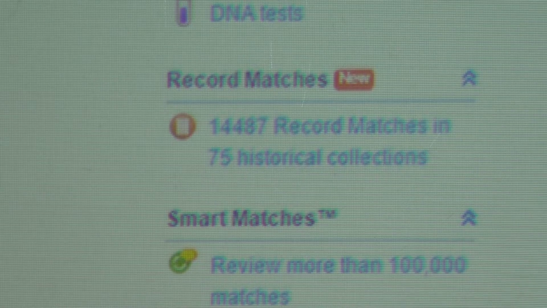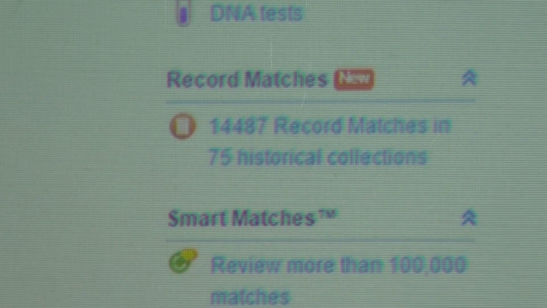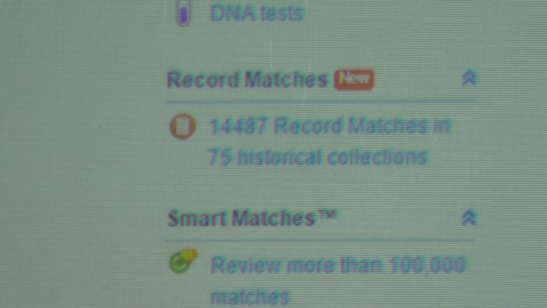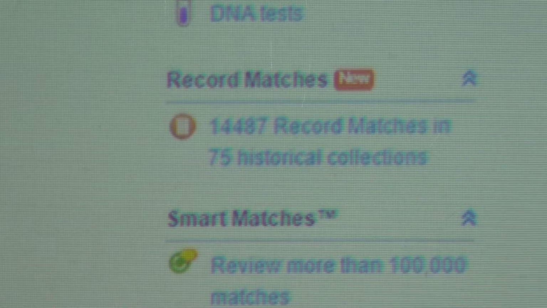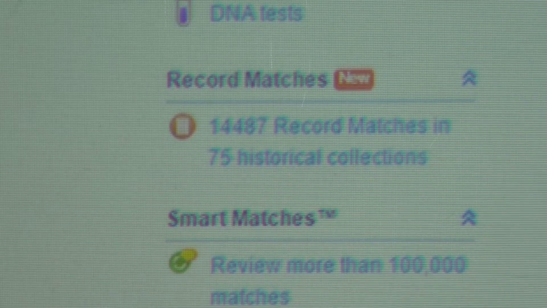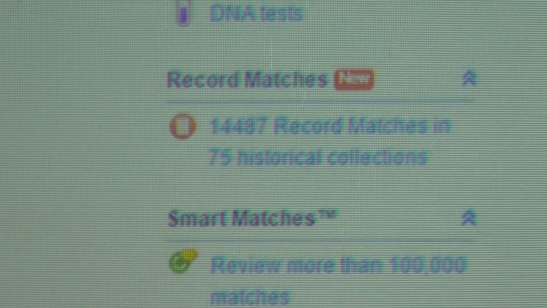But that isn't very helpful to me, because there's no way in the world I'm going to contact 100,000 people or have the time or interest to do that. So I'll show you in a minute how to filter out those people, and find ones if you really are interested in talking to somebody, why you would do that.